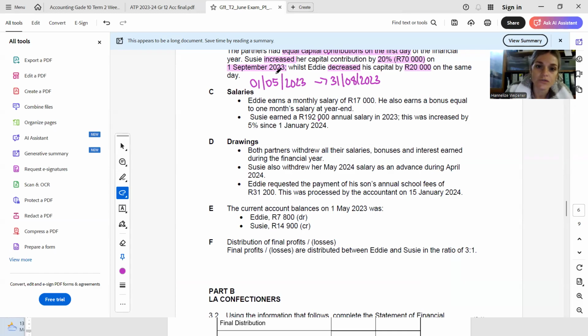In other words, if your financial year started on the 1st of May 2023, she earned the same salary up until the 31st of December. Then that salary increased by 5%. So for that period, she earned 100% of her salary until it increased on the 1st of Jan 2024.